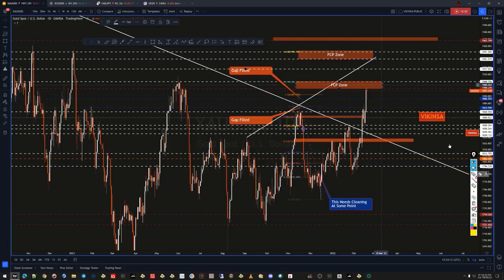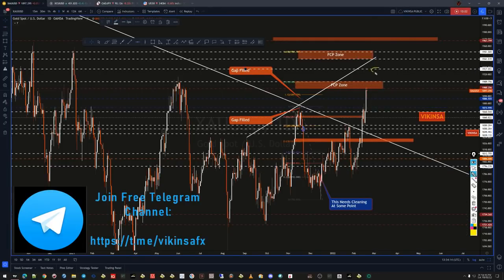I'm thinking of this level, 1928, as an intermediate level. The market can just push through it, or it may or may not even act as a resistance here, but it is something to watch out for. Okay, so if the market actually goes above 1910 and this FCP zone becomes a support zone, then 1928 will be the target. Then we have 1941.